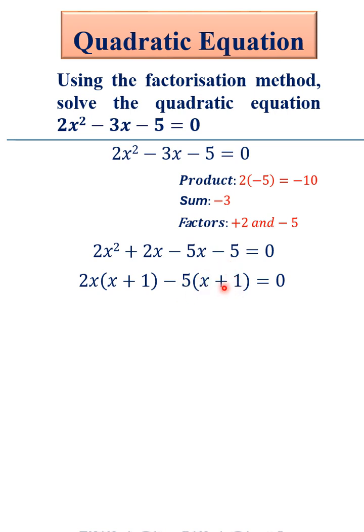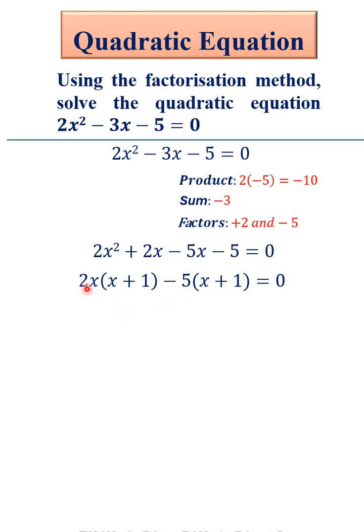If we open this bracket, we find out that we have −5 times x gives us this −5x. −5 times +1 will give us −5. So we are correct with this factorization. Everything is equal to 0. We always make sure that what you have in this bracket is the same thing as what you have in this bracket, so that you can pick one of them and pick what you have outside the bracket into a bracket of its own.